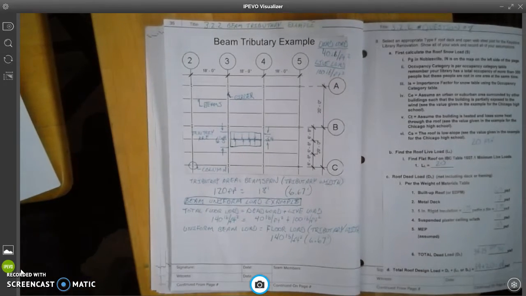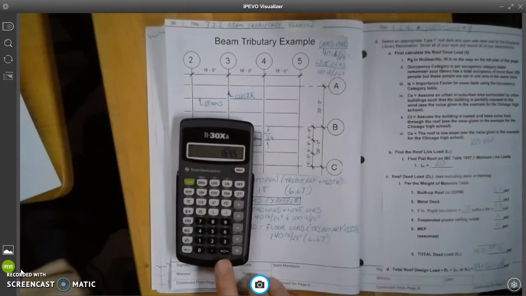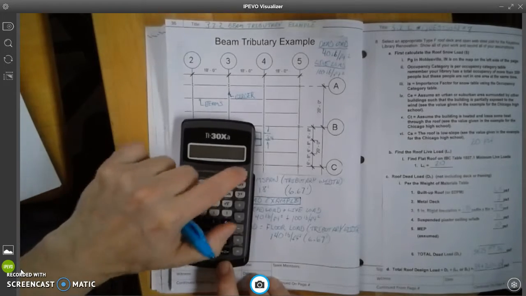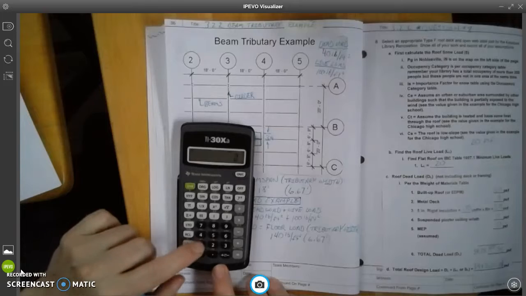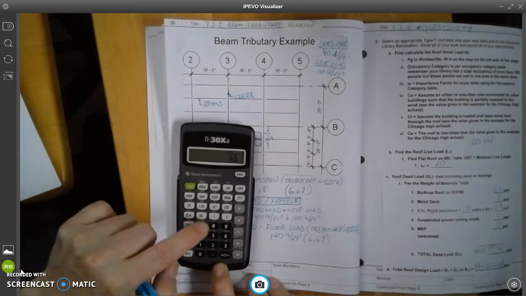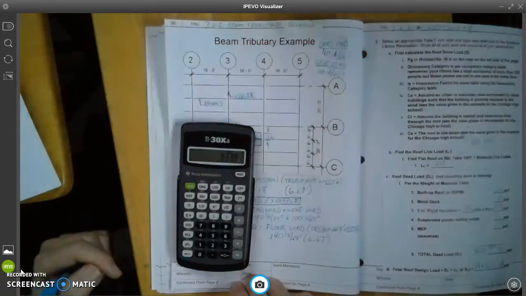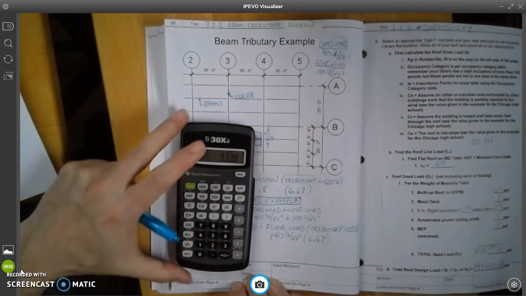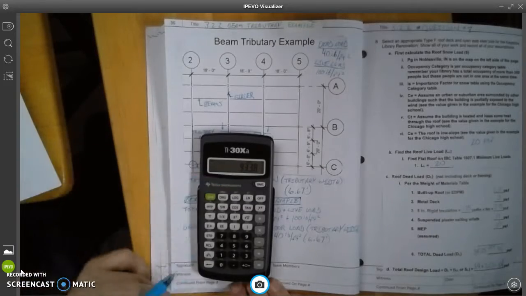And we're going to take our calculator out and cancel. And I'm going to take 140 times 6.67, and that is going to equal 900, and I'm just going to round this up.